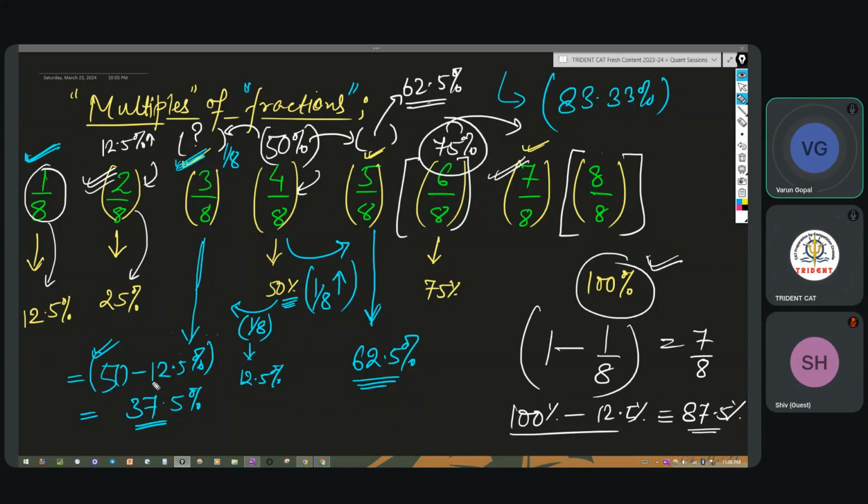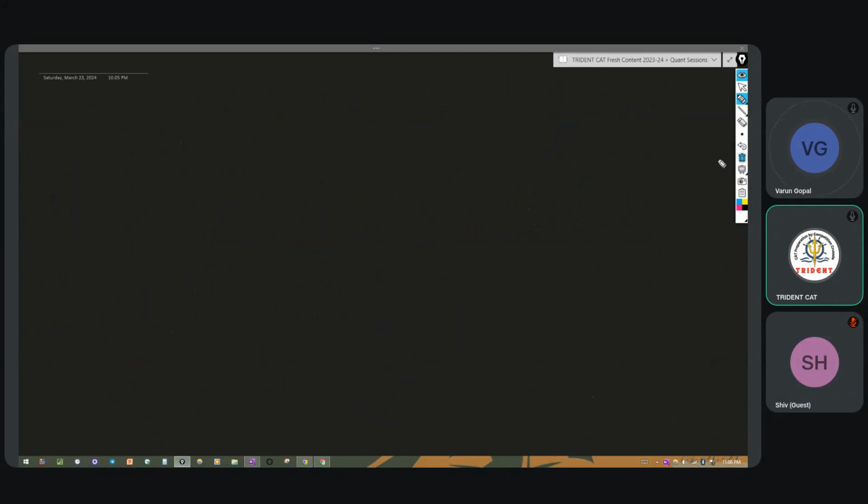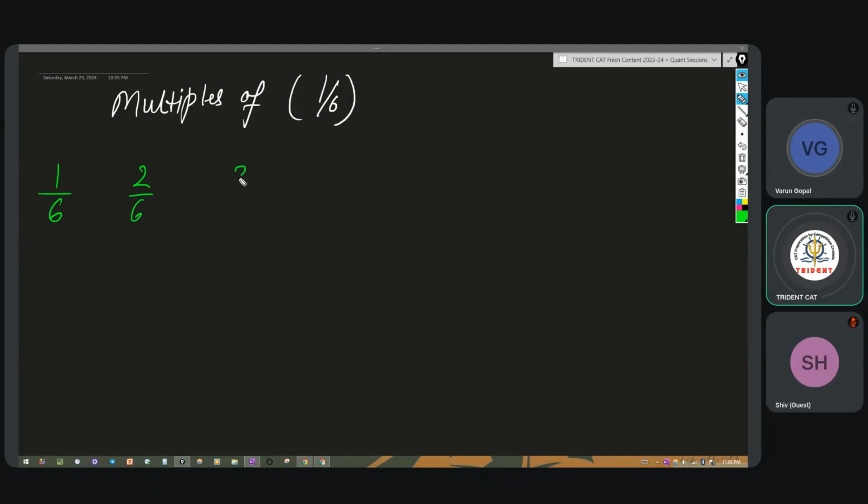Okay, I will do one more multiples example. This time around, the multiples of 1 by 6. Let me just write the numbers for you. 1 by 6, 2 by 6, 3 by 6, and finally 6 by 6.